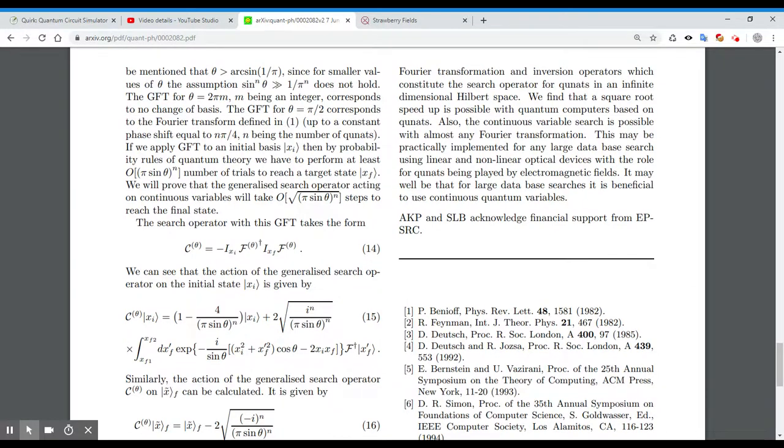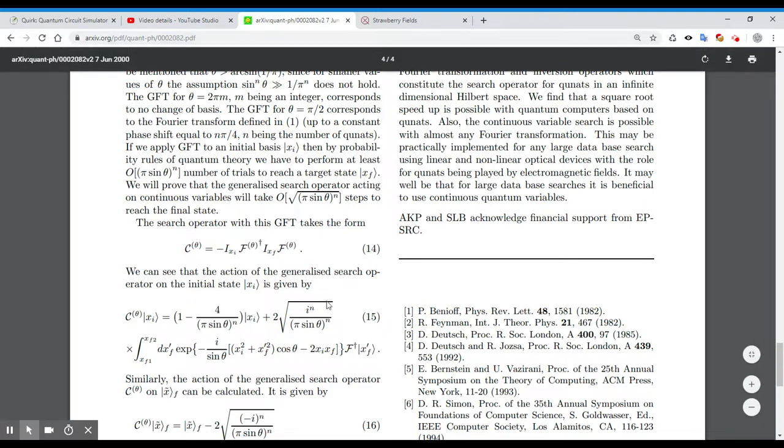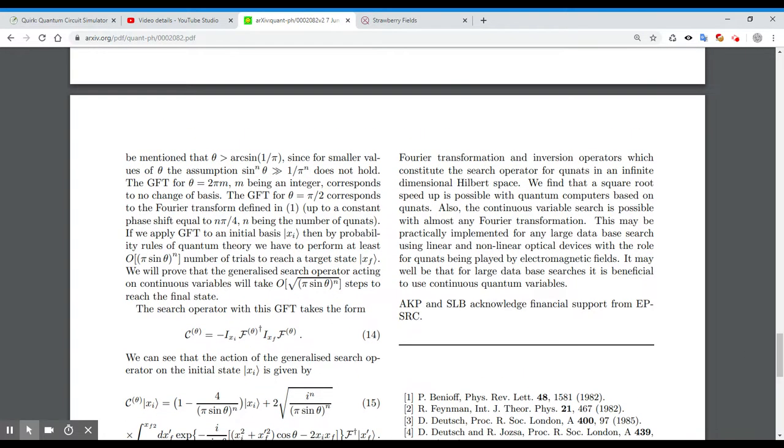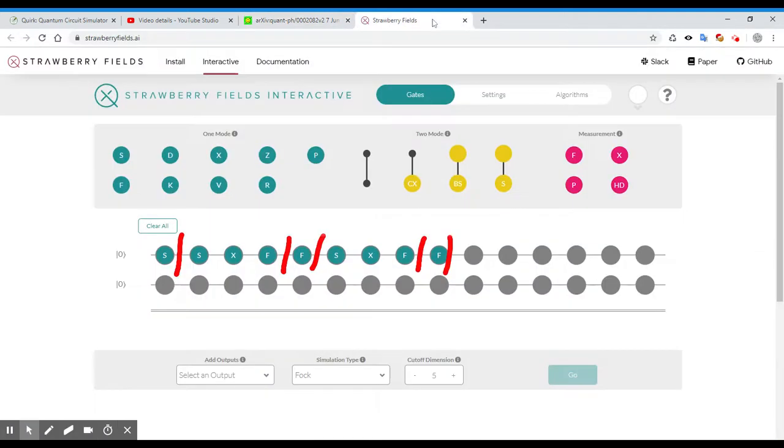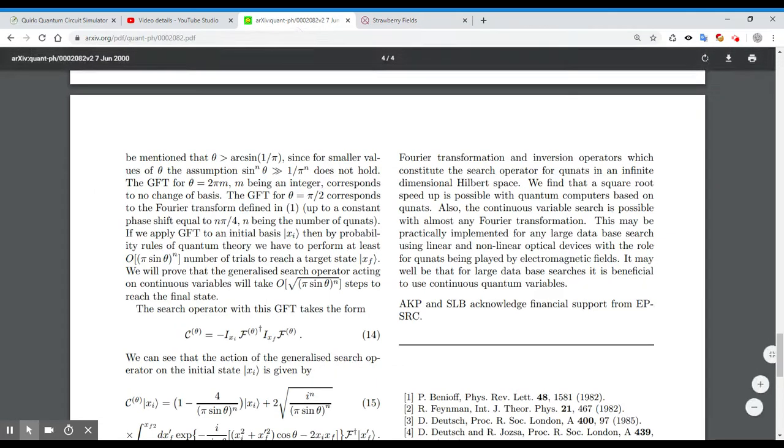We can see the action of the generalized search operator on the initial state. So here, what the author says is you can generalize it to a parametrized rotation. I guess that's what they say. The thing is, what are those operations, this IXF and IXI?